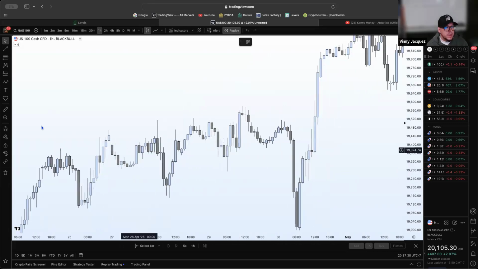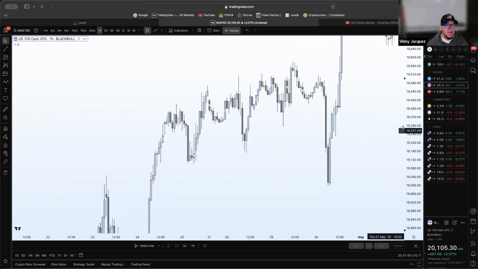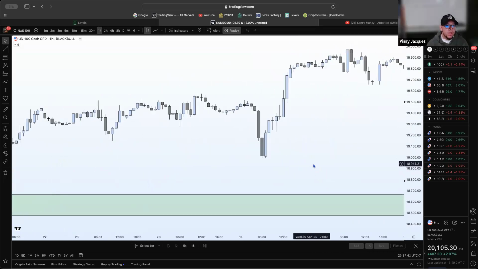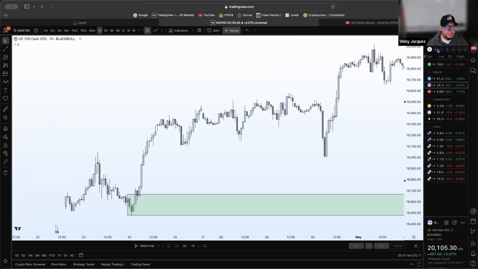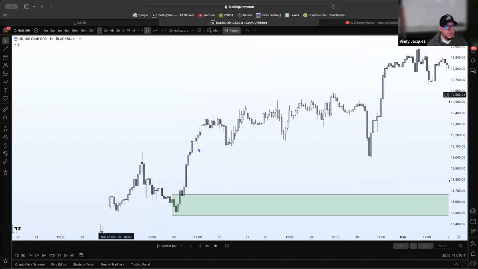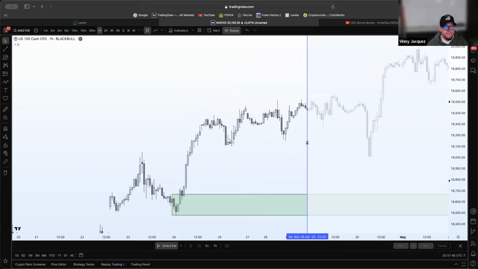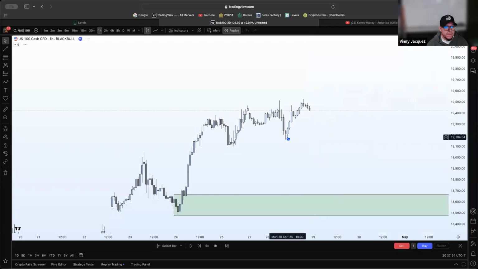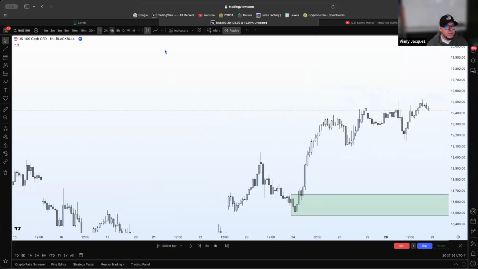Bruh, I think it was this one right here. So I was looking at how market was pushing up with indices. Let me see. I think it's this right here. Go to the 4-hour time frame real quick.